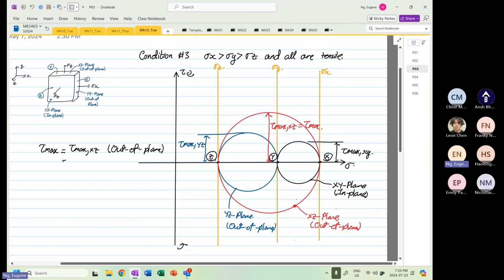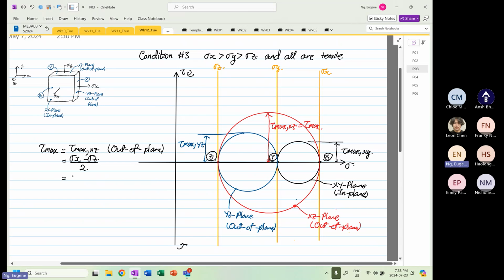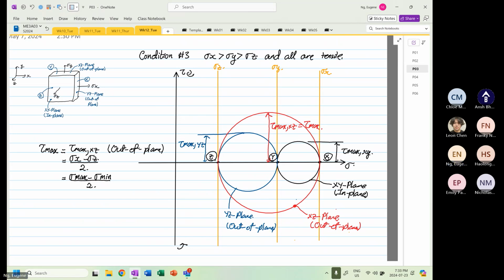And this will be equal to stress X minus stress Z divided by 2. And that's our tau max. So this will be equal to our stress max minus stress min divided by 2, because tau max is the radius of the circle, right?